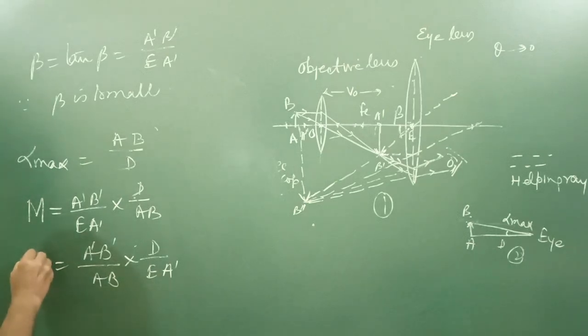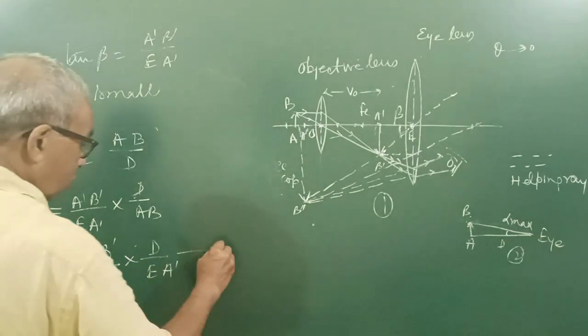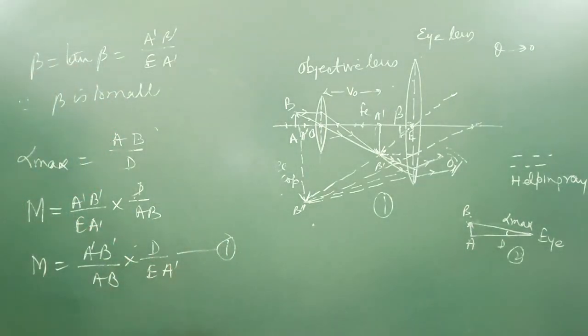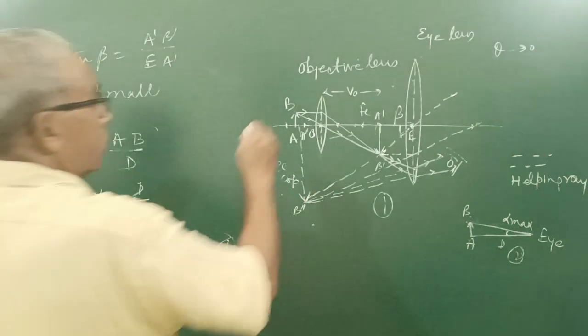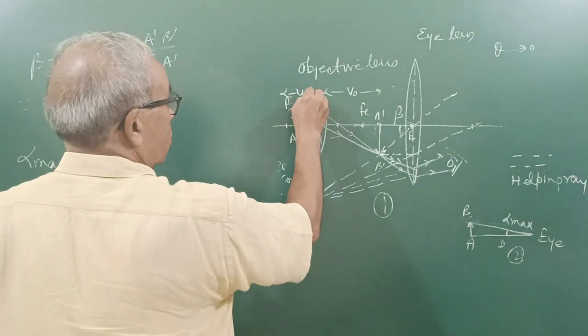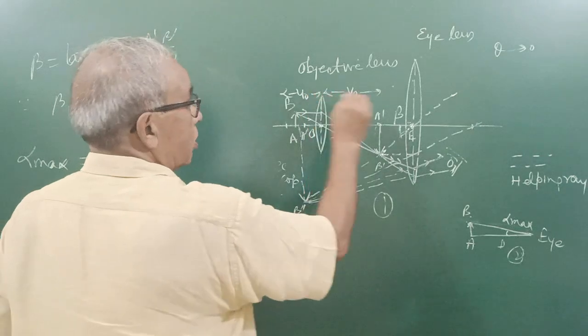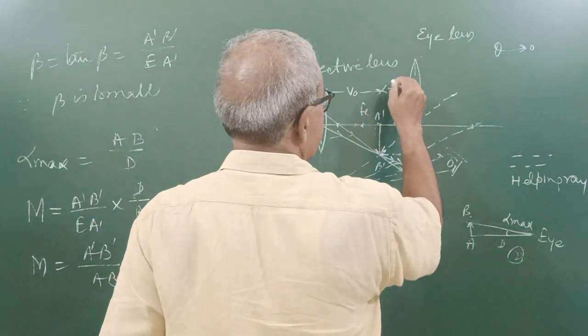M, magnifying power, angular magnification. Equation 1. Now this is U, sorry, this much. And this is UE.